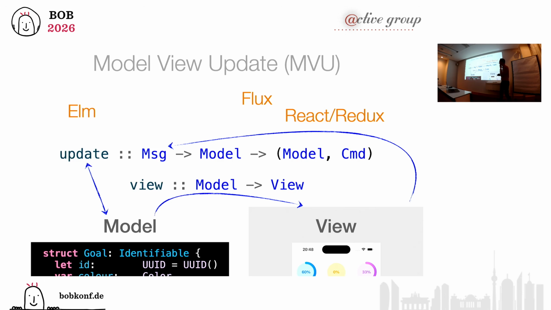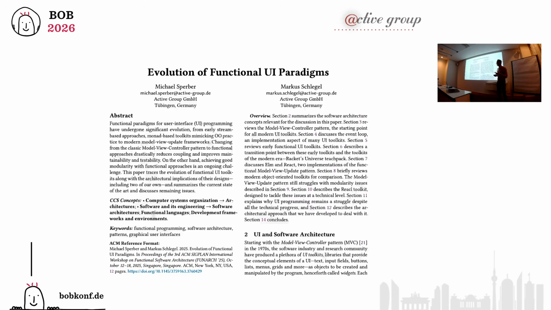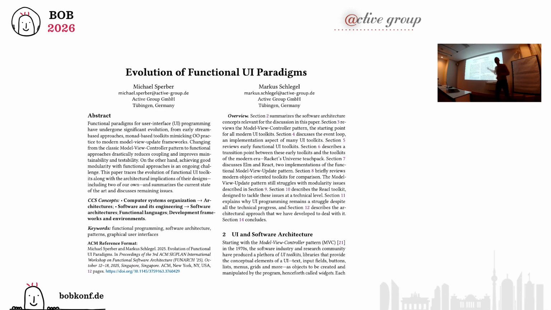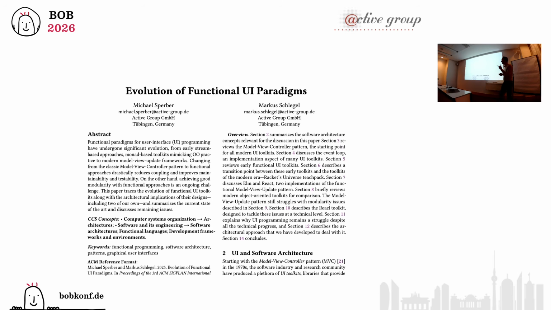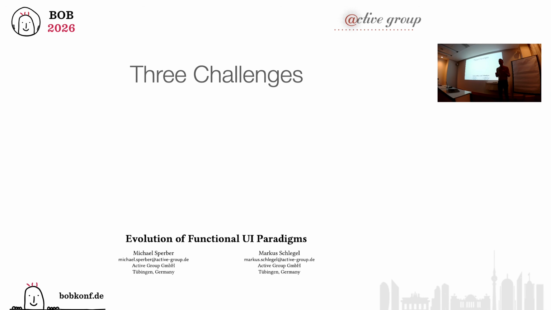Now, if you want to know more about this, I can recommend this paper by Mike and Marcus, which partially inspired me to give this talk here, because they identify three challenges for these kinds of user interface architectures.